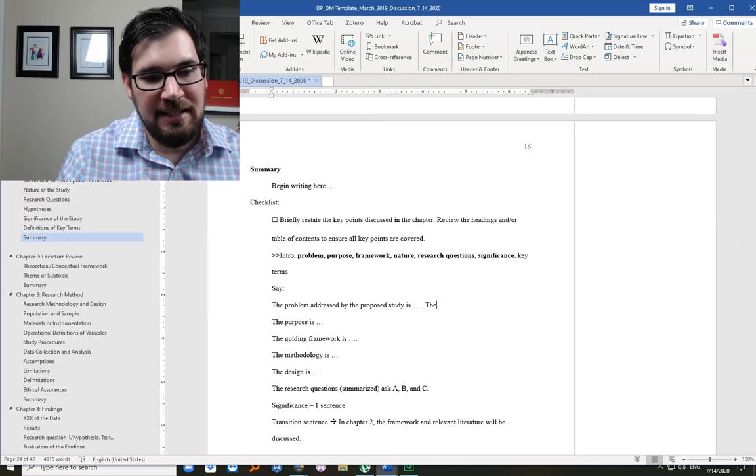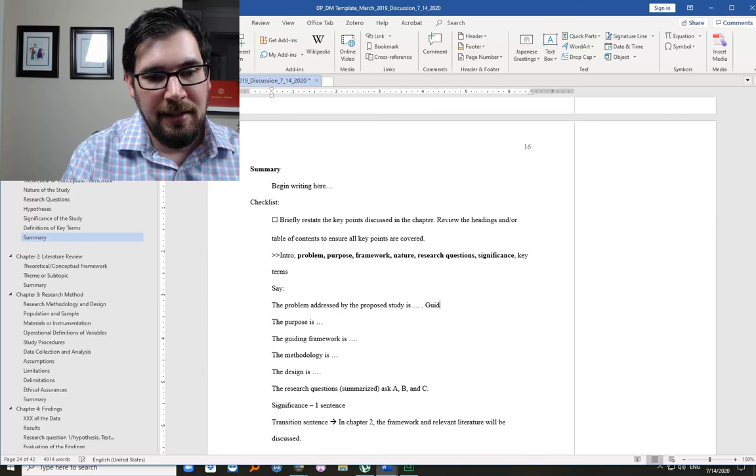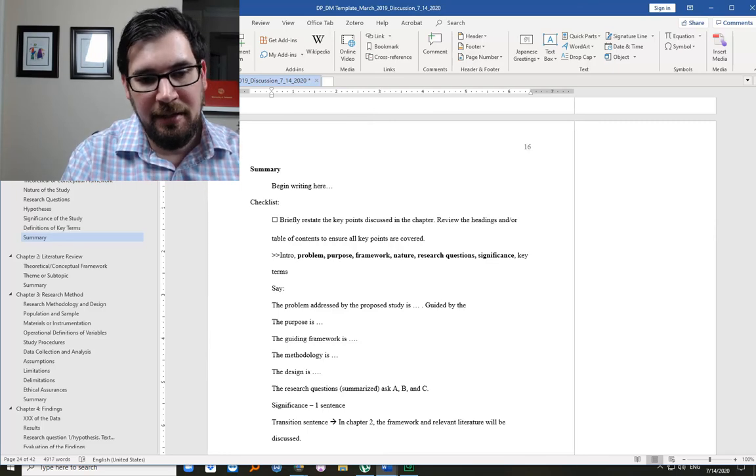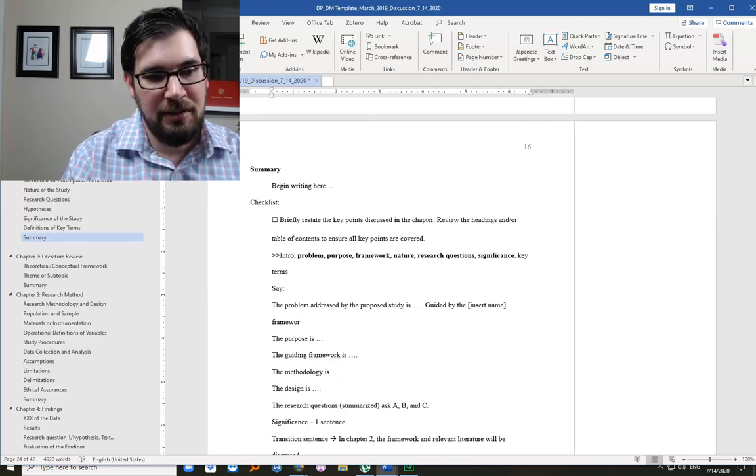And then we can actually say guided by the framework, self-determination theory, or the self-determination framework, or self-determination theory instead of saying the word framework.